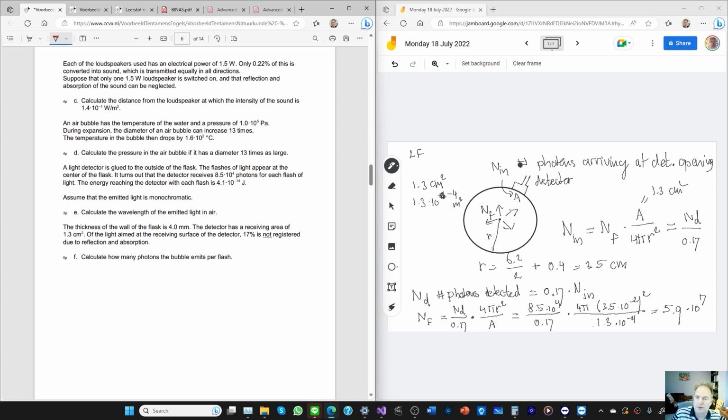The number of photons arriving in front of the detector will be equal to this. That's fine. And the number of actually photons that reach the detector inside is much smaller than that. 70% is not registered.